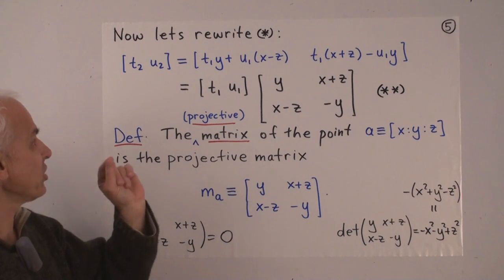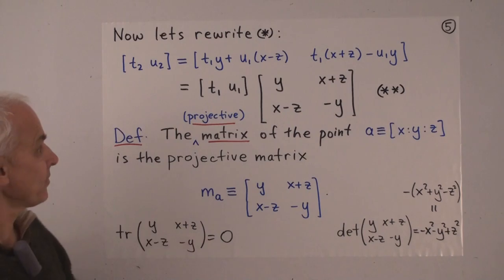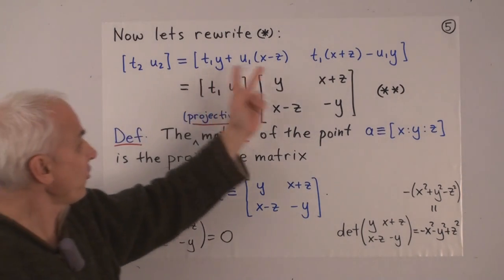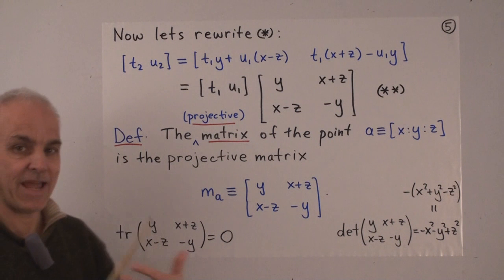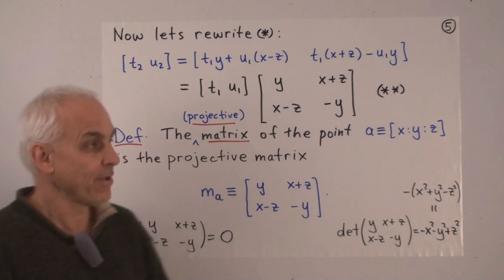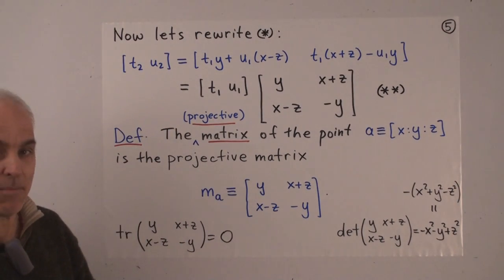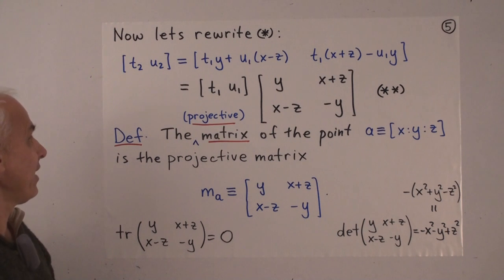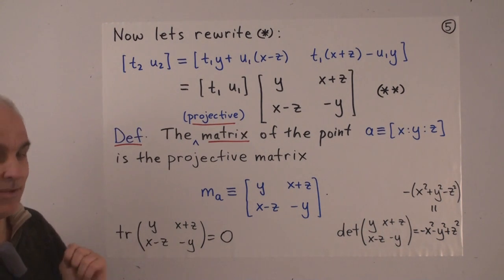The original equation was in terms of the proportion T2 to U2. But a proportion is exactly what's being encoded here by this projective vector. Right? The projective vector is such that if we multiply both of those things by the same quantity, it doesn't change. So it's really the proportion that determines that vector.